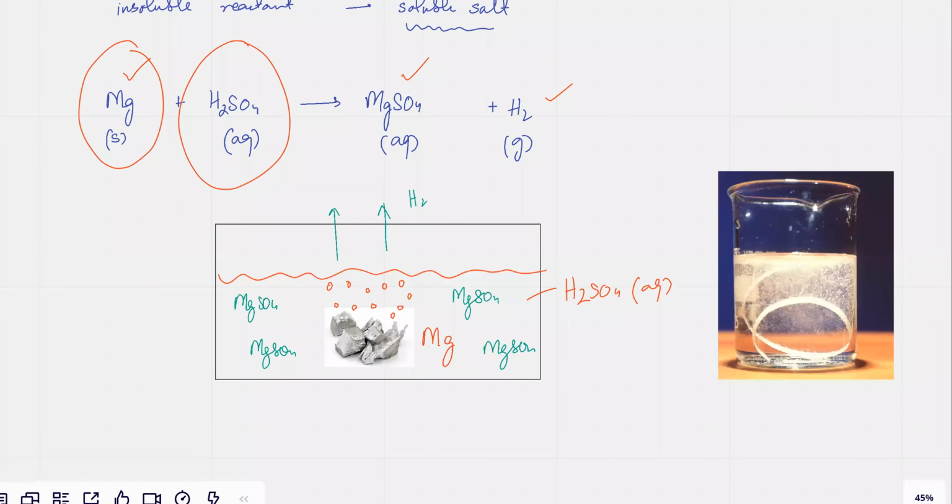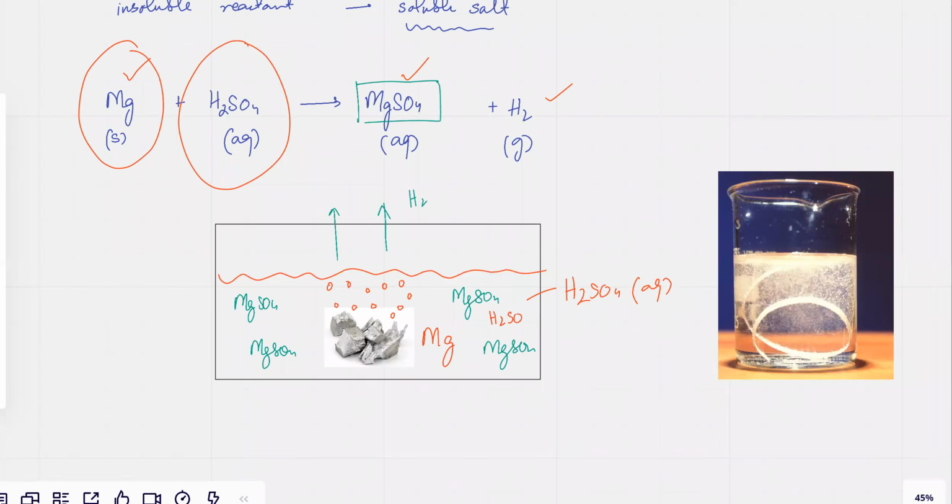Now, we are interested in this salt only. I want pure salt. The whole purpose of the reaction was that I wanted pure salt to be produced. At the moment, the solution has both things.